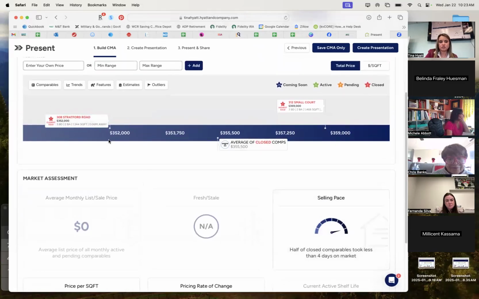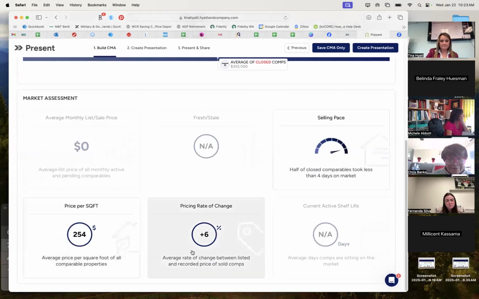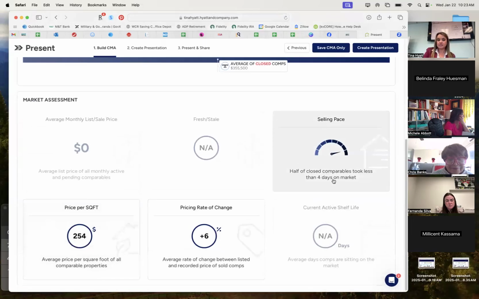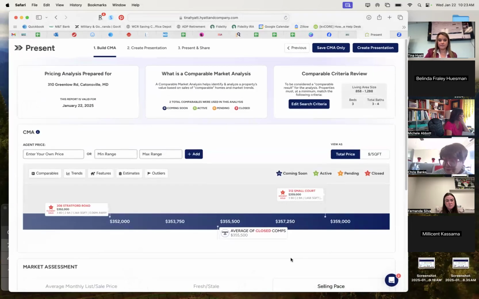So here's the first one on Stratford, 352. Here's the other one on Small Court, 359. It's showing me the average of the closed comps is 355. Price range change, price per square foot. Half of closed comparables took less than 4 days on the market, so that's pretty awesome.